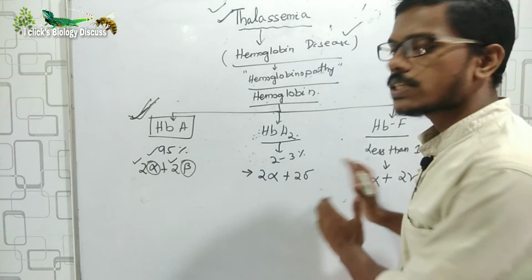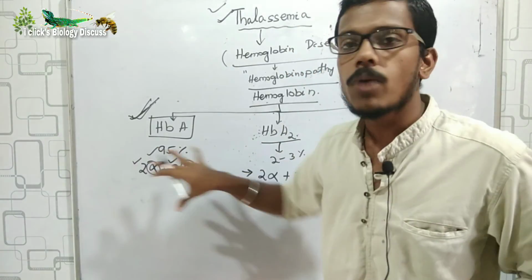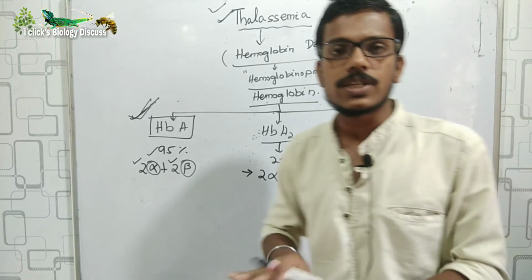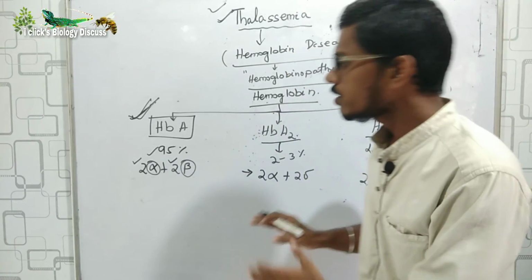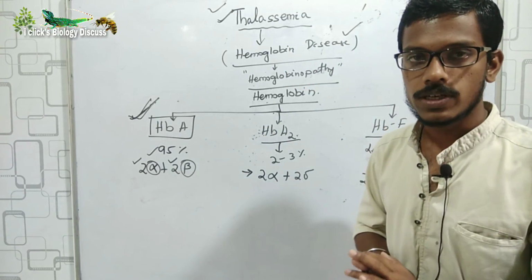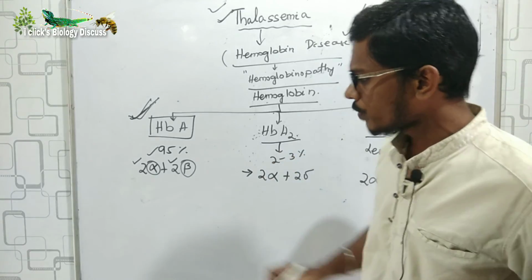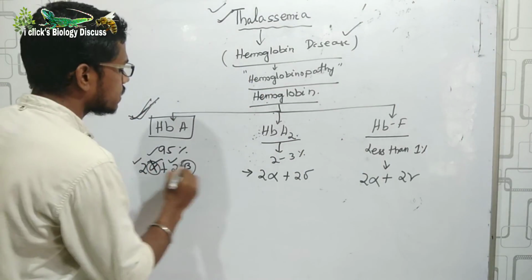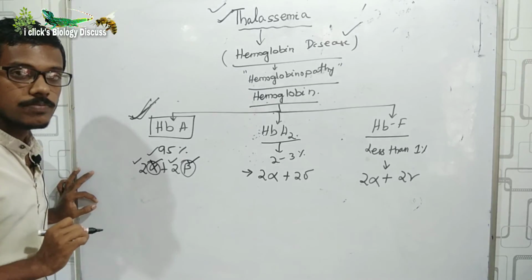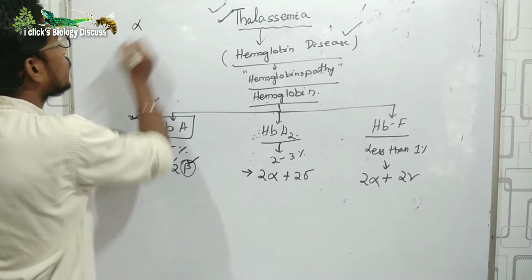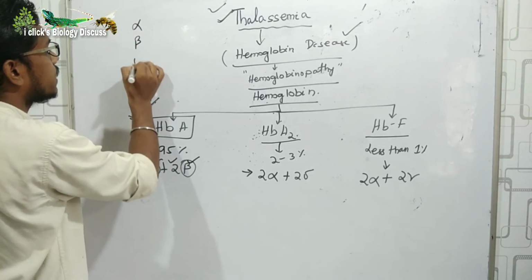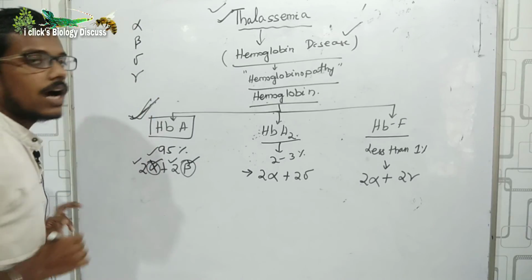Of these, the maximum amount in the human being is HbA, which has alpha and beta globin chains. Let me write this here: alpha, beta, delta, and gamma globin chains.